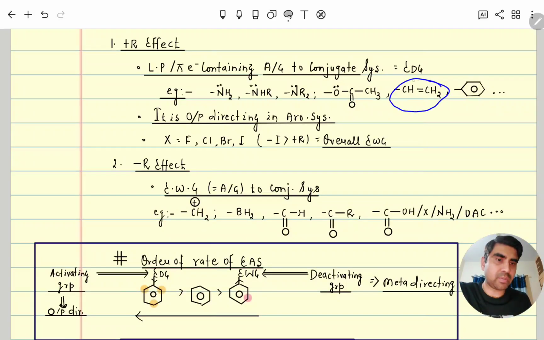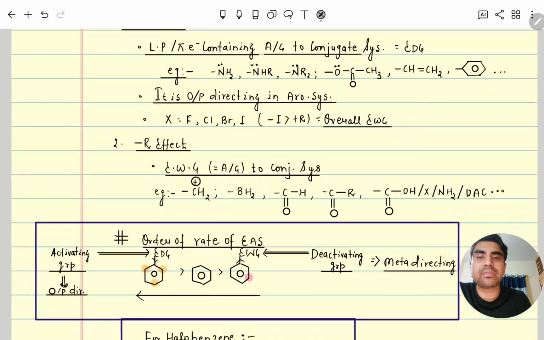If the conjugated system has the nature of electron withdrawing, they will withdraw the electron from this double bond. Similarly, this benzene also is an adjustive group, can behave like plus R, can behave like minus R. If it is connected with a conjugated system whose nature is electron withdrawing, it will withdraw electron from here, which means it is donating the electron, hence it is also plus R effect.